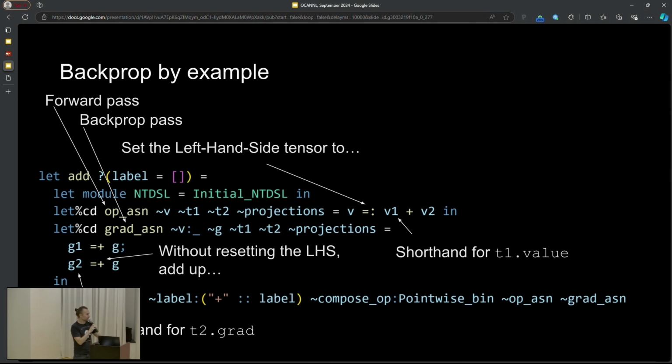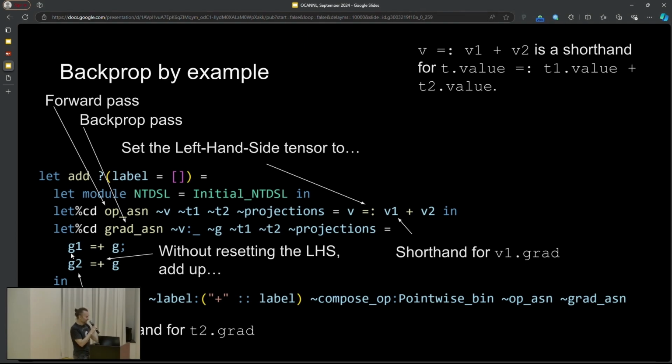There are some extra shorthands. Let me step back. We have an operation add where T is the result of T1 plus T2. In the forward pass, T value will be T1 value plus T2 value.